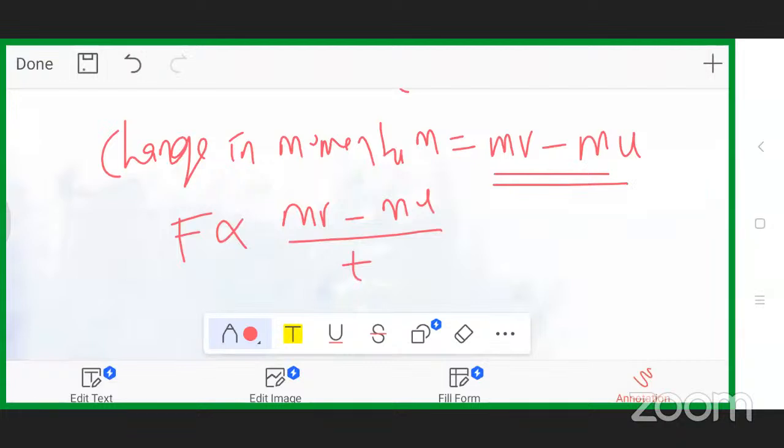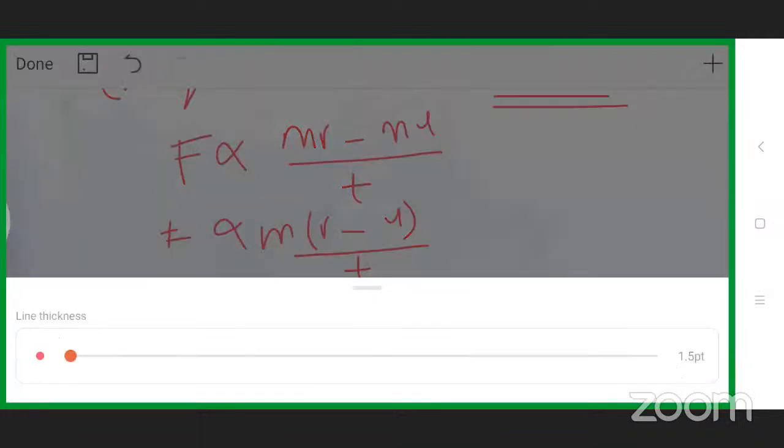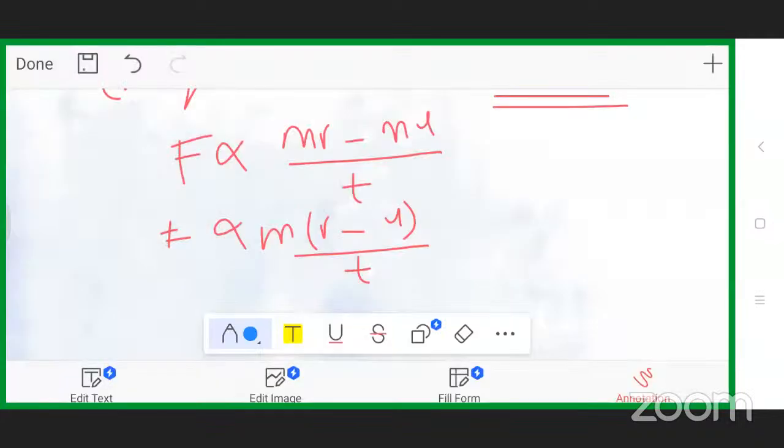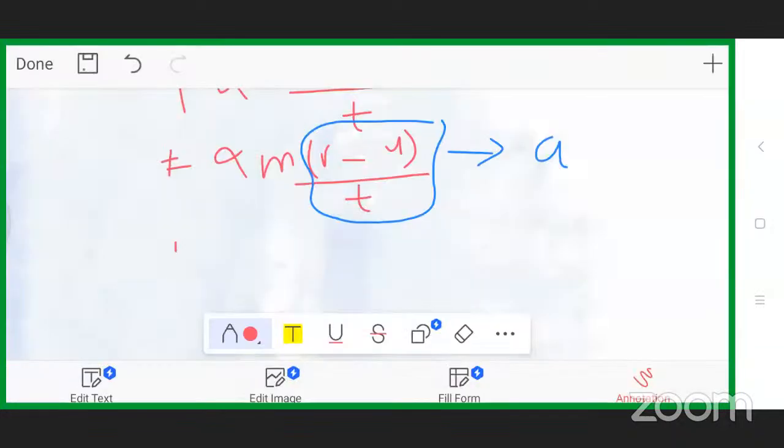We can factor out m, so that F will be proportional to m times (v minus u) over t. And then we see that v minus u over t is something familiar to us. It's an acceleration. And therefore, we can write that our F needs to be proportional to m a.